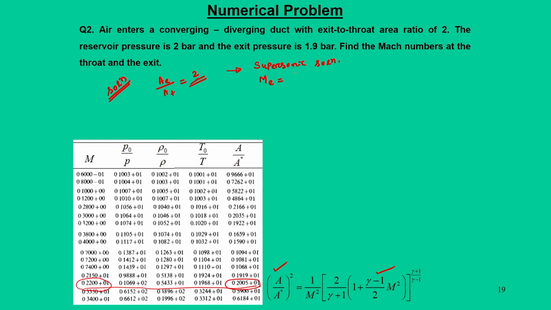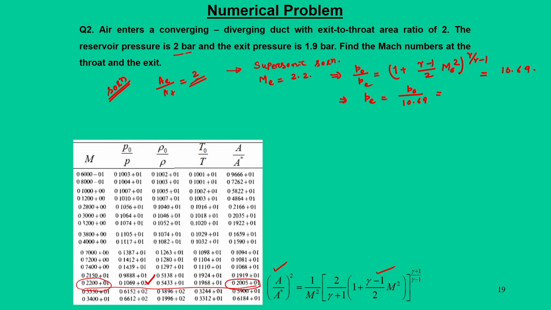So, ME can be considered as a supersonic value 2.2, and then P naught by PE is 1 plus gamma minus 1 by 2 ME square to the power gamma by gamma minus 1. So, this number would be 10.69.